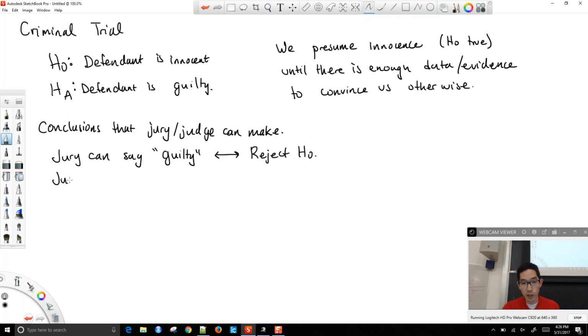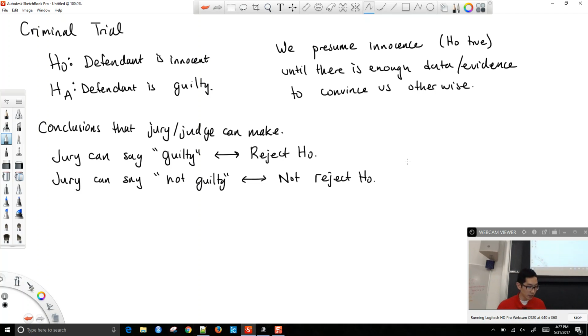And then what else can the jury say? The jury can say not guilty. And that is equivalent to not rejecting the null, or failing to reject the null.